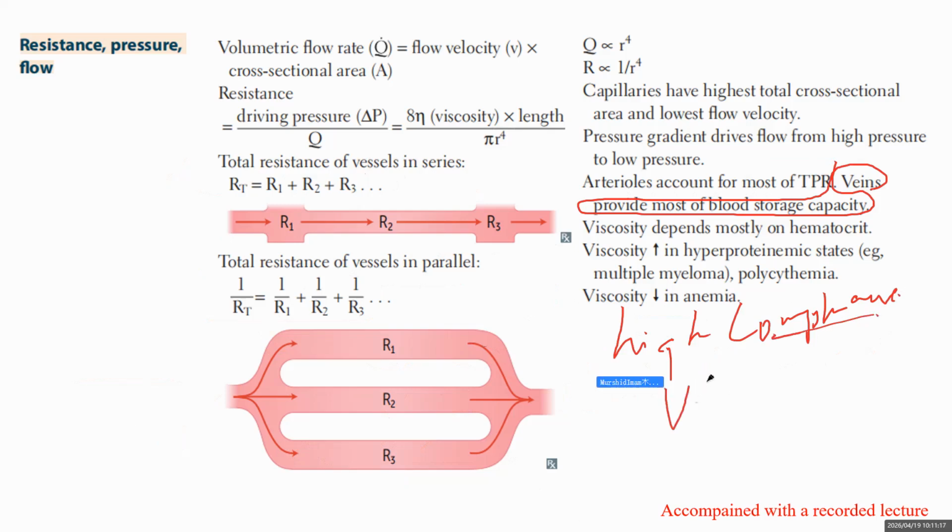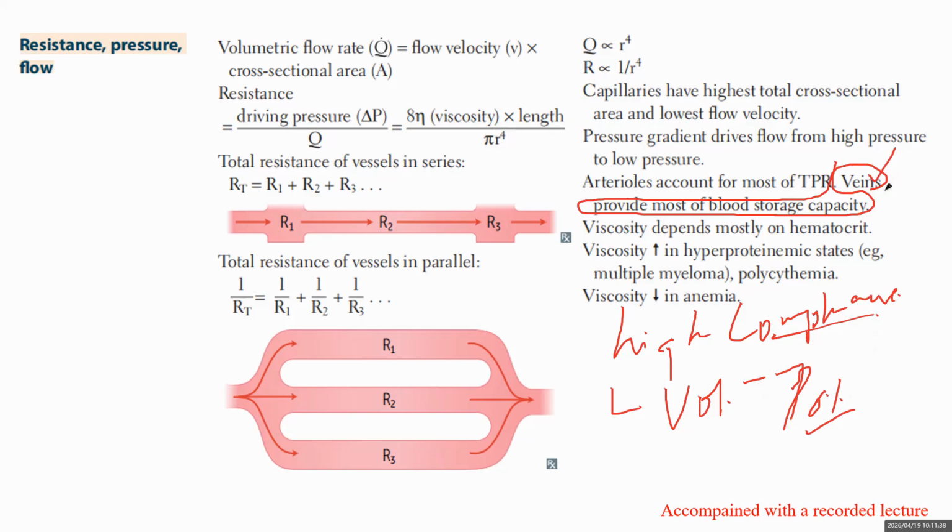They can hold a large volume of blood, and at relatively small pressure, they can definitely bear that. And about 70% of the blood is in our veins, right? That's why they have the capacity to hold a large blood volume.